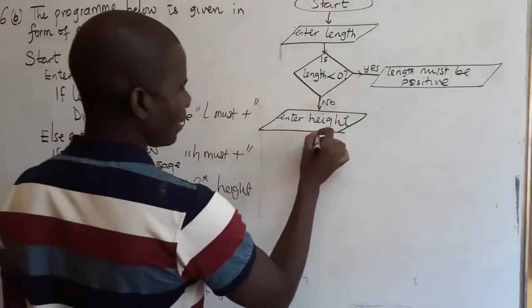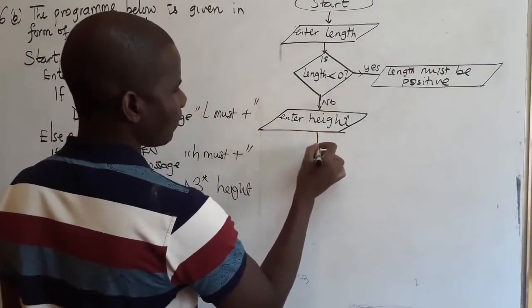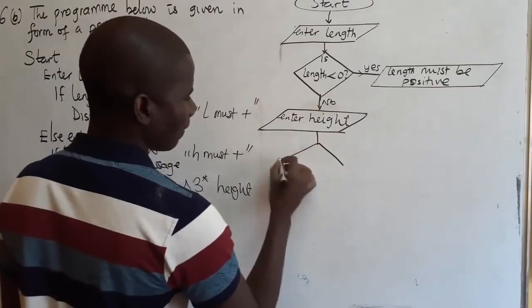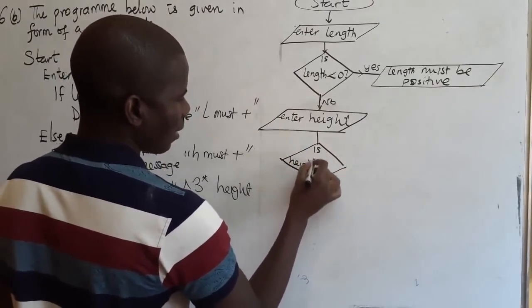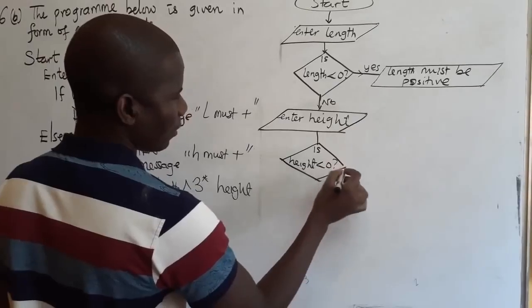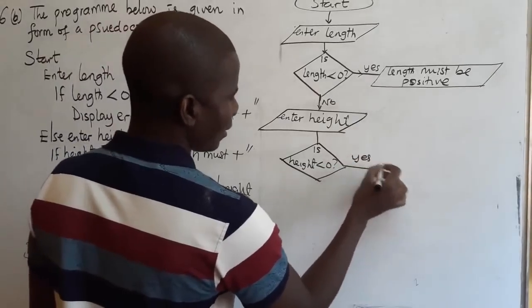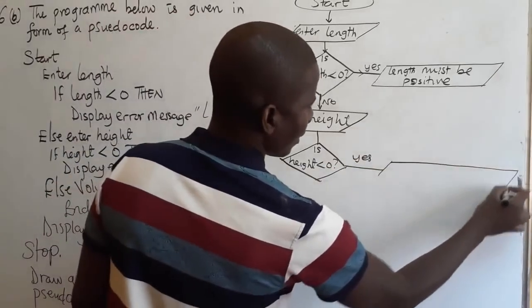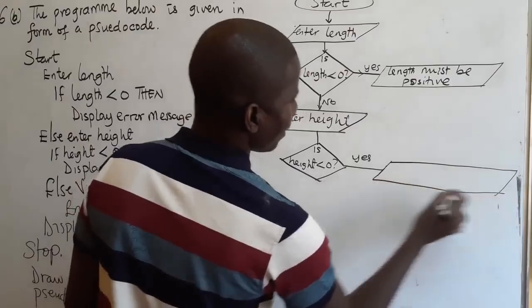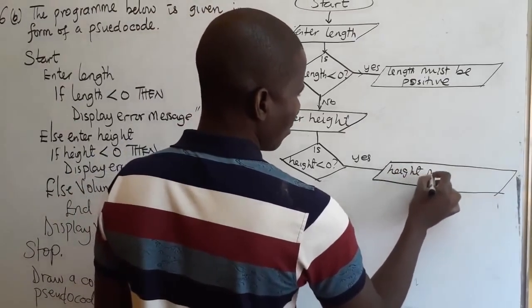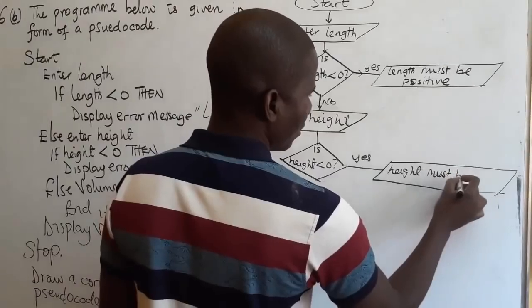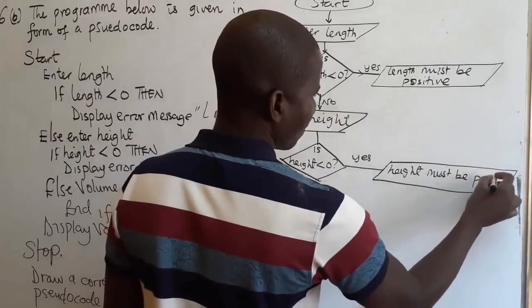And again, we have to make a decision here. Is height less than 0? Yes, we display the error message which says height must be positive.